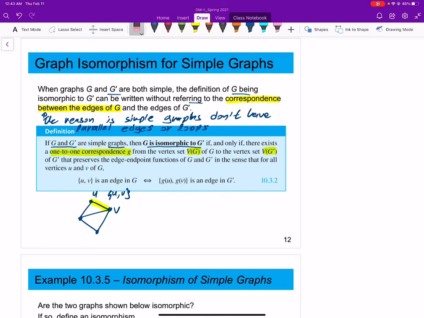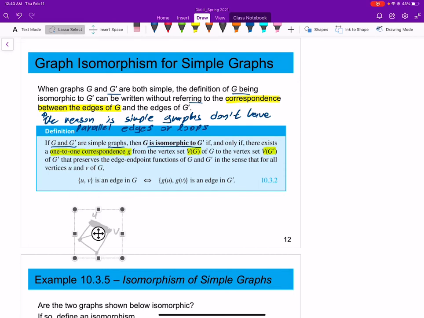Let me take this a little bit down and then write that this edge is (U, V).